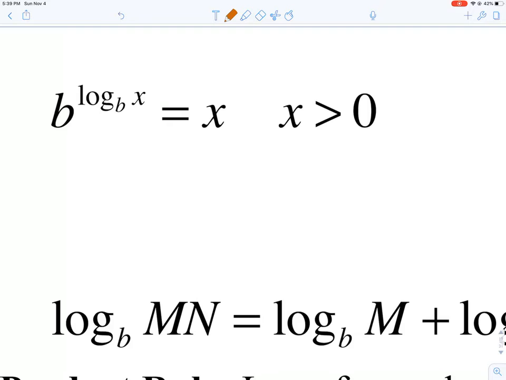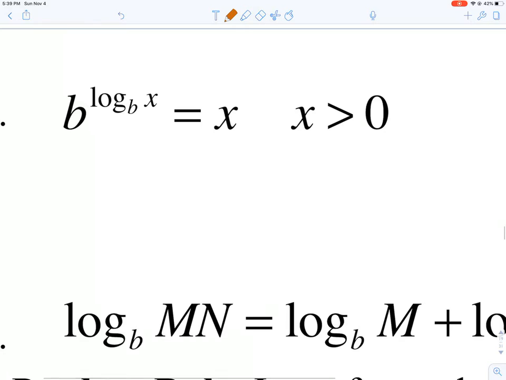Okay, this is one of the inverse properties. So to show that this is a true statement, let's think about rewriting this in its logarithmic form, right? Let's think about this being an exponential form where log base b of x is just the exponent.